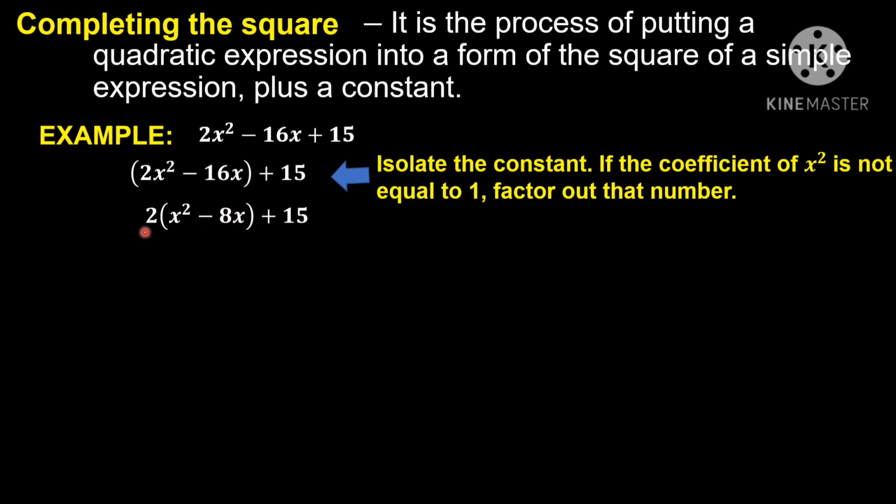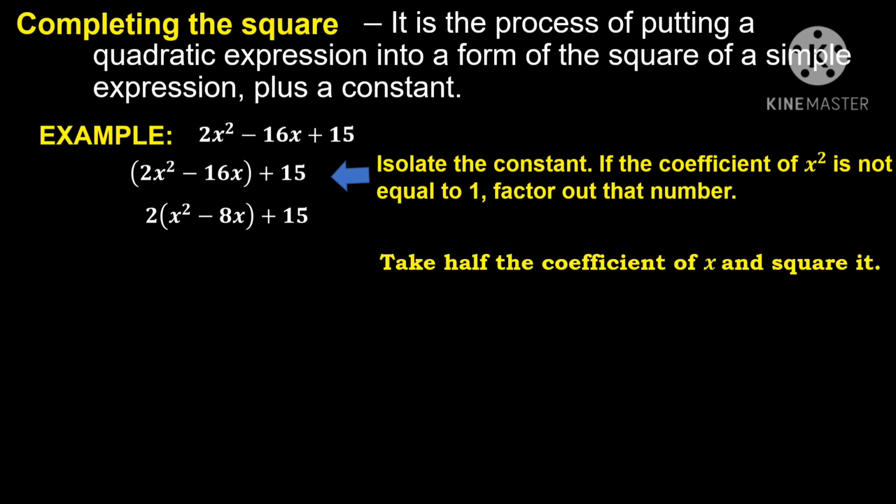So if we put this 2 back inside the parentheses, we come up with 2x squared minus 16x: 2 times x squared is 2x squared, and 2 times negative 8x is negative 16x. Next, we take the coefficient of x and square it.